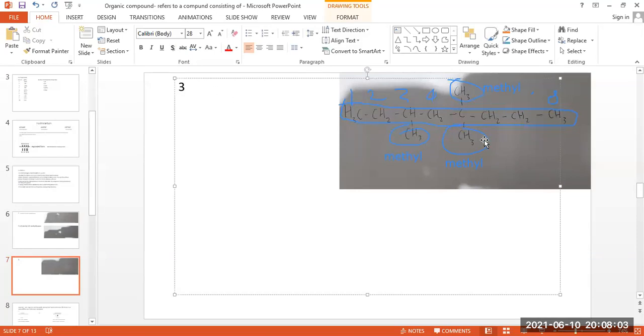This one has two methyl, so the name is dimethyl, 5,5, because both methyl are at number 5. Yeah, sorry. All are methyl, at 3 and 5, so we name it 3,5,5-trimethyl hexane. Okay.